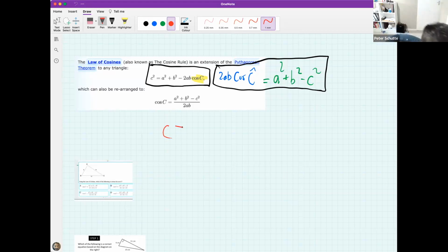And if we look at the C, let's have a look. So when we wrote the cos rule from the last lesson, we focused around the side being by itself. But now I want to get the cos c by itself.